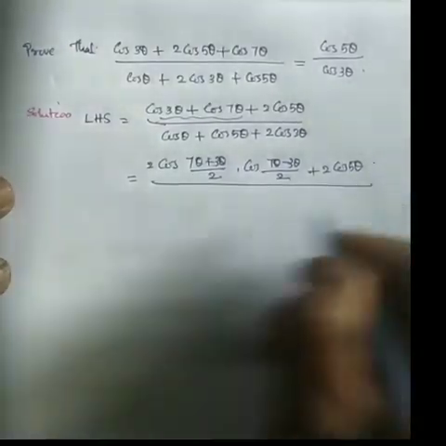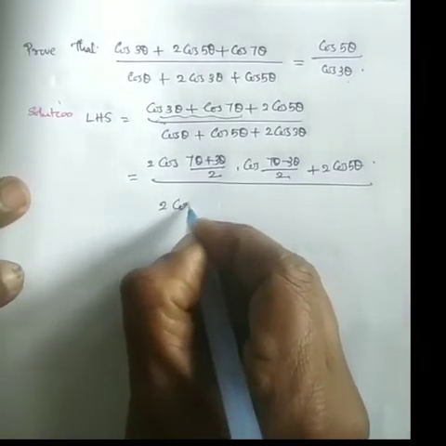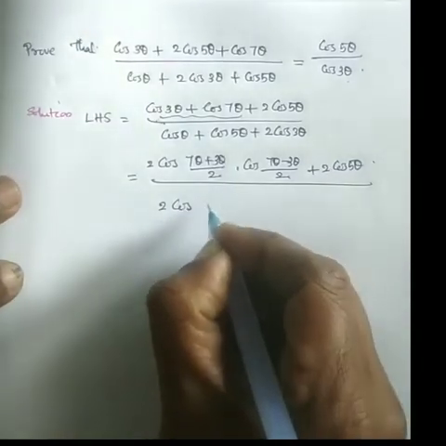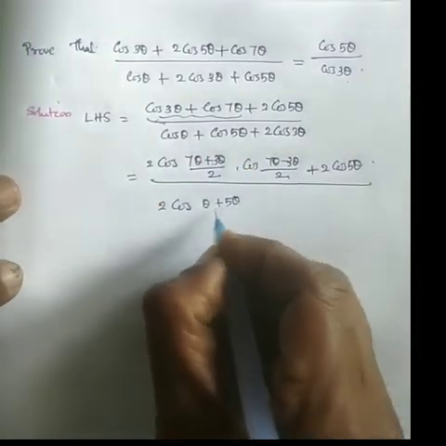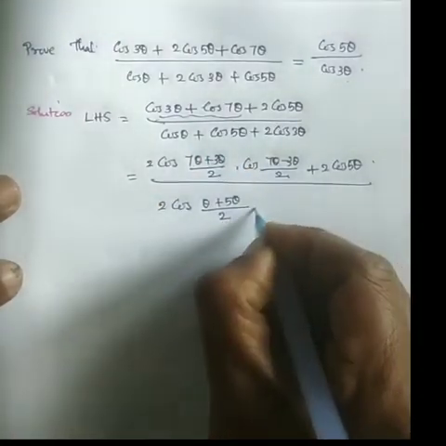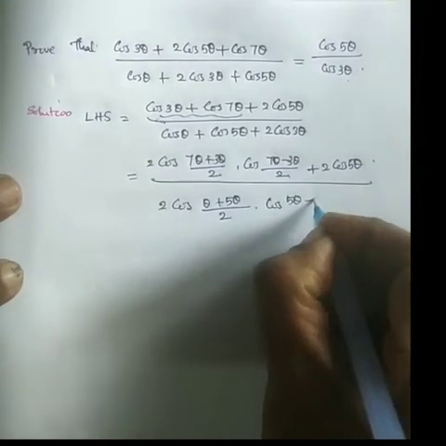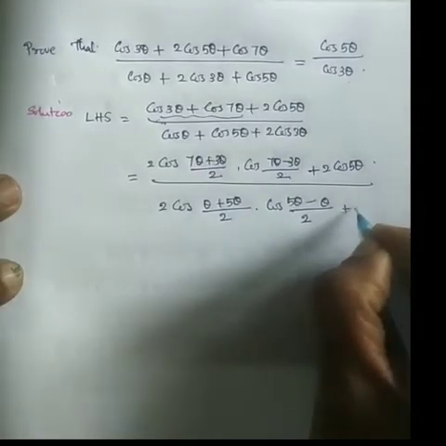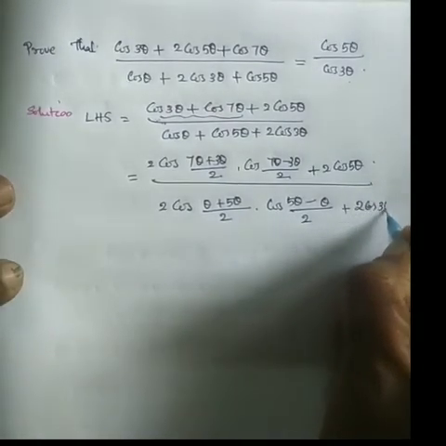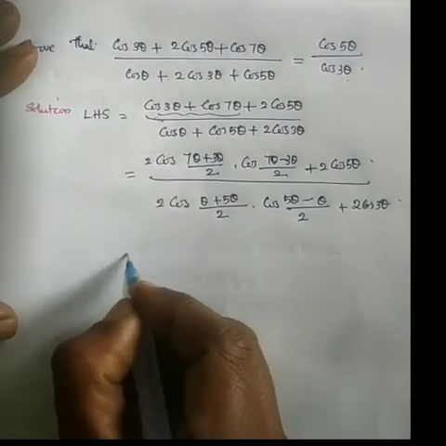Similarly, the denominator becomes 2 cos((5θ+θ)/2) cos((5θ-θ)/2) + 2 cos 3θ.